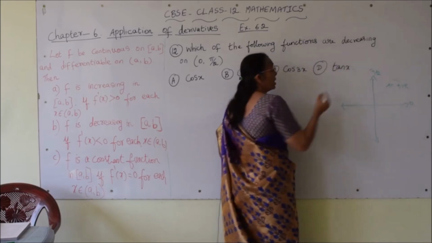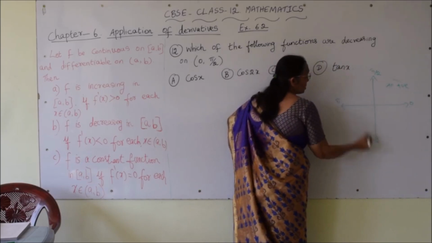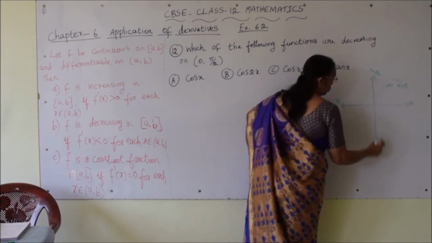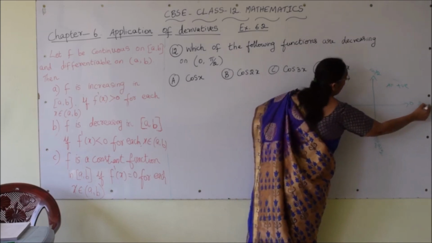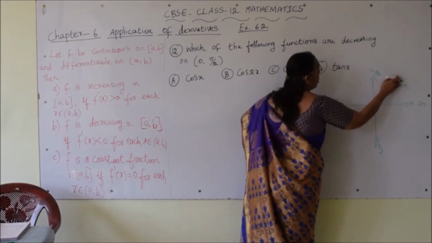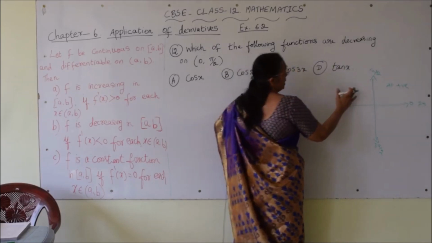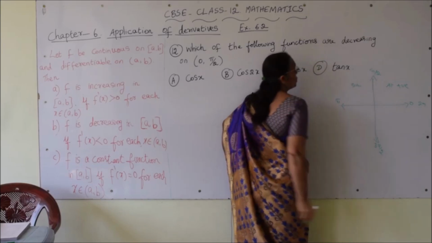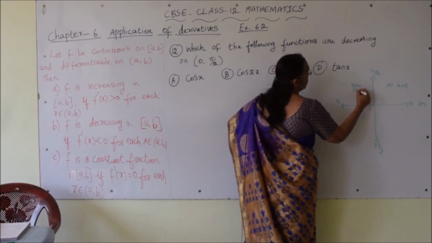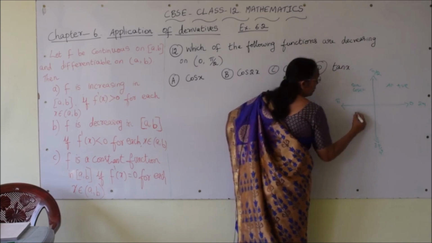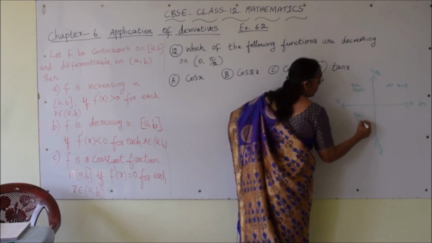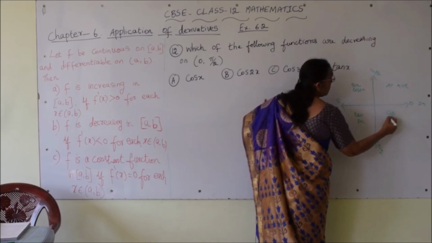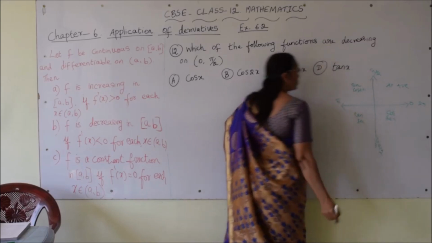The second quadrant is pi by 2 to pi, the third quadrant is pi to 3 pi by 2, and the fourth quadrant is 3 pi by 2 to 2 pi. So in the first quadrant, all are positive. In the second quadrant, only sine and cosecant are positive, in the third quadrant tan and cot are positive, and in the fourth quadrant cos and secant are positive.